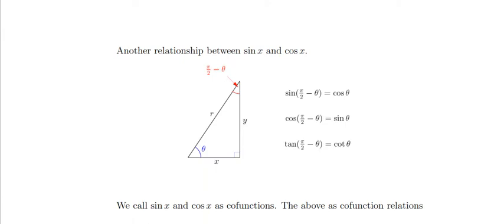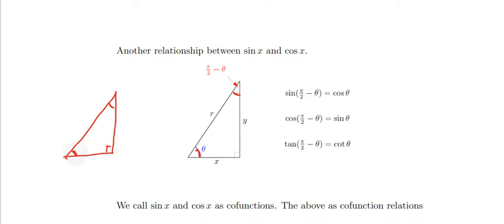Let's check this right triangle again. This angle's sine equals the other angle's cosine. This graph is not so good, but we say this angle's sine equals that angle's cosine, and this angle's cosine is that angle's sine.